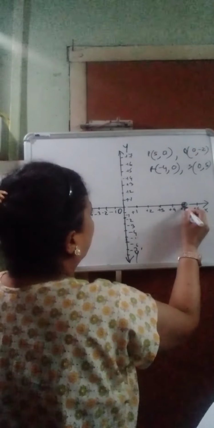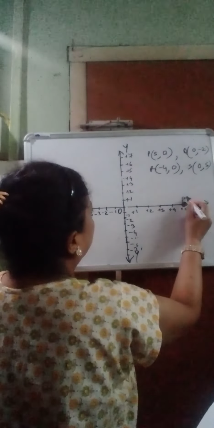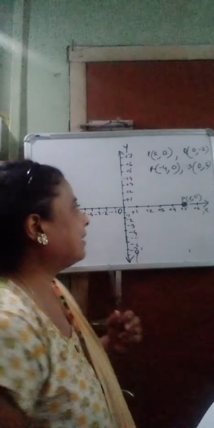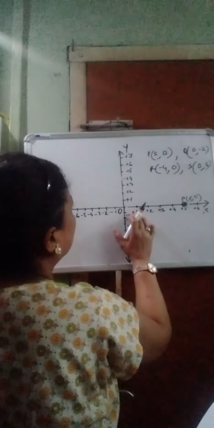This is the point P. Then Q, which is (0, -2). Here x is 0 and y is minus 2, so it is on the negative side.